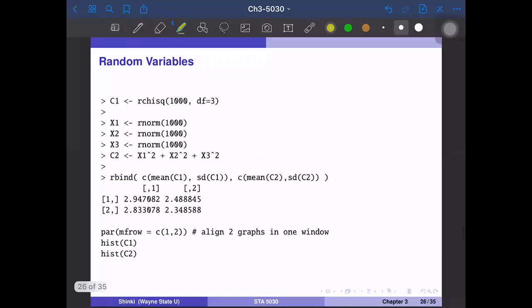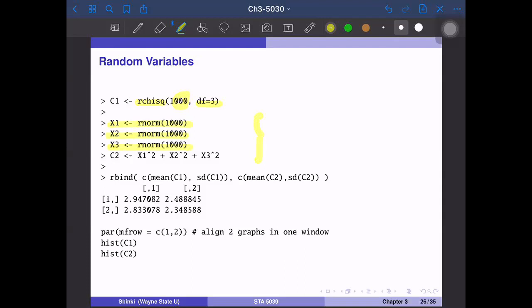So this is the demonstration with the R language. If we use the rchisq function, you can just specify df equal to 3, and you can generate 1000 random numbers in this way. Another way is to use the normal distribution. So x1 is normal, x2 is normal, x3 is normal.